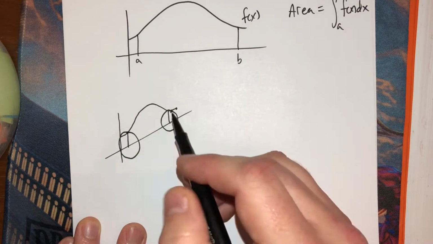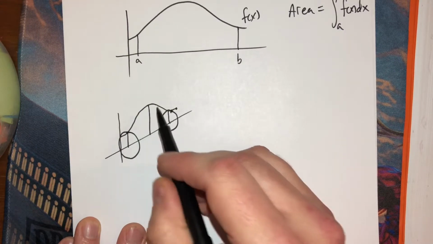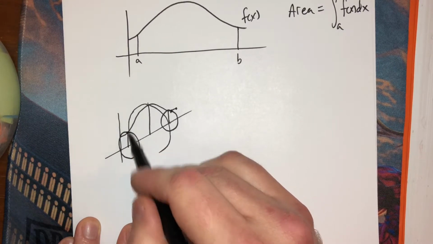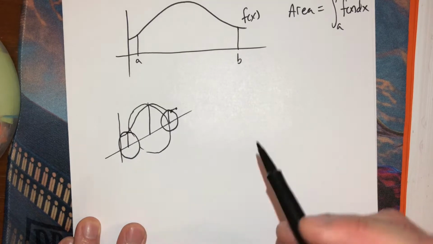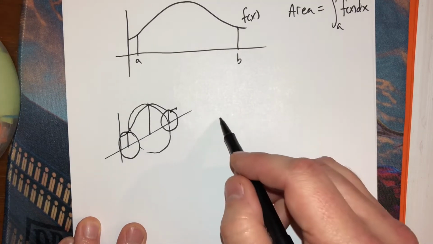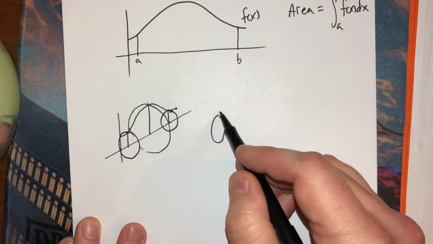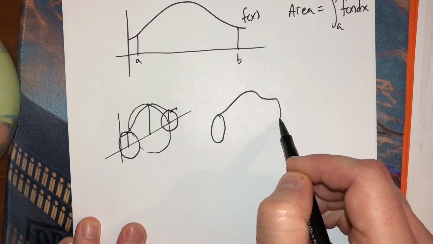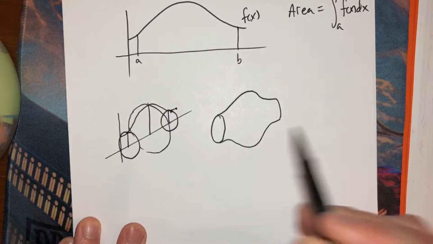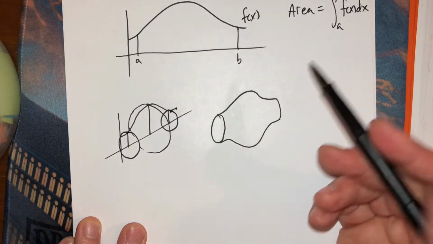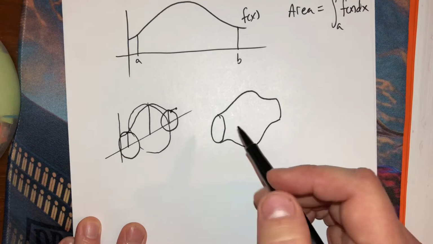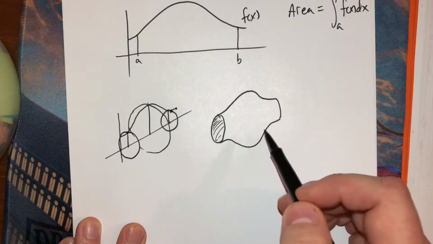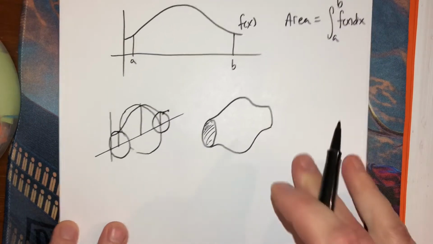The radius somewhere else is going to be something else. Let me try to draw what this shape might look like. This kind of shape might give us a vase, but we're trying to find the filled in shape, as if this was just a solid piece of material.